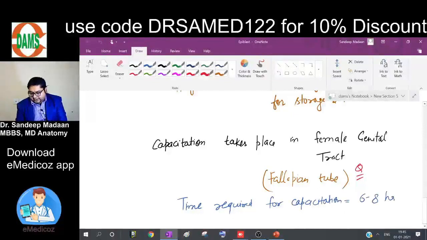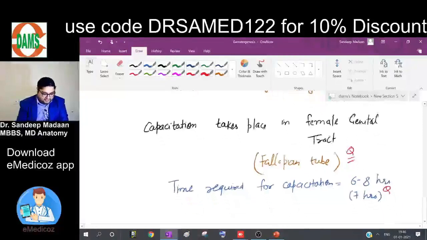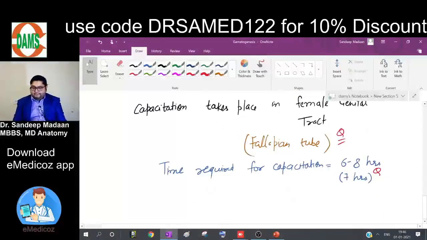Six to 8 hours, and as a specific figure or average we take 7 hours. Is that fine?